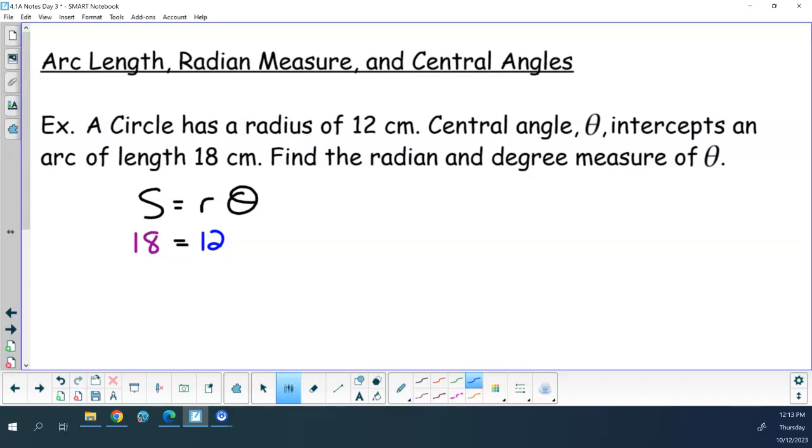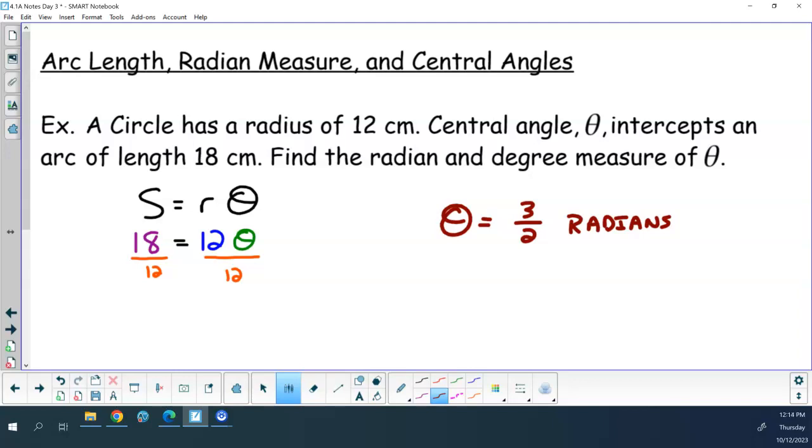That's good. And we just need to find theta. So how am I going to solve that for theta? Divide by 12 on both sides. If I divide by 12, I get my radian measure for theta, which is 3/2. I would accept 1.5 radians there, too. Okay?